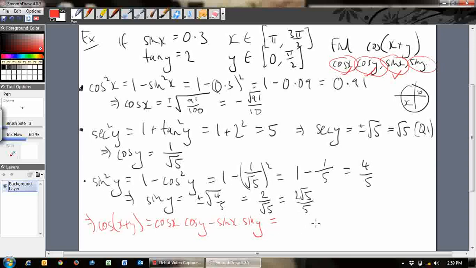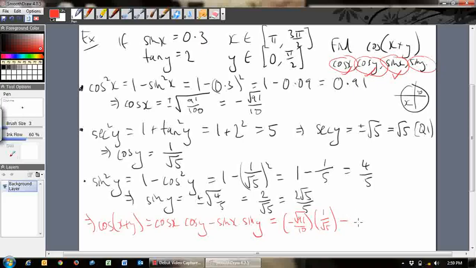Cos x is equal to negative root 91 over 10. This is going to get messy. And cos y was 1 over root 5. I should have rationalised that.